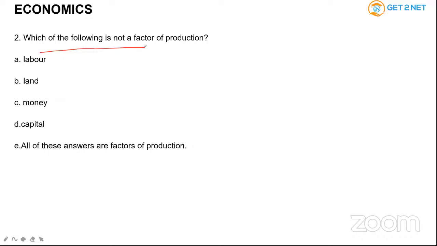Okay, Litika, you can give your answer in chat. Okay, C. Okay, the answer is C. Why? Land, labor, capital, and machinery. So these are the factors of production.